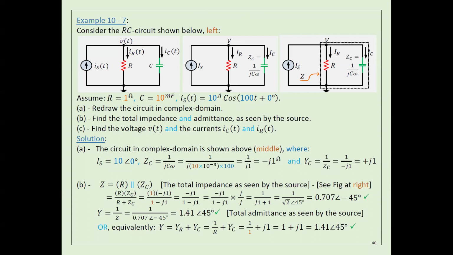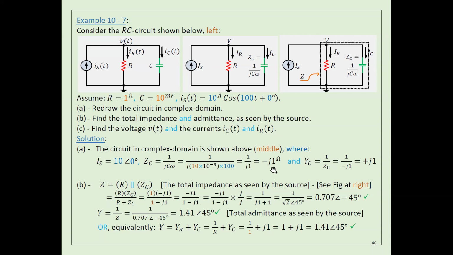You can get omega from here, it is 100. And C is the capacitance, which is 10 millifarad. Once you do the calculation, you find it is 1 over j, which equals negative j1, or sometimes we remove the 1, which is negative j.